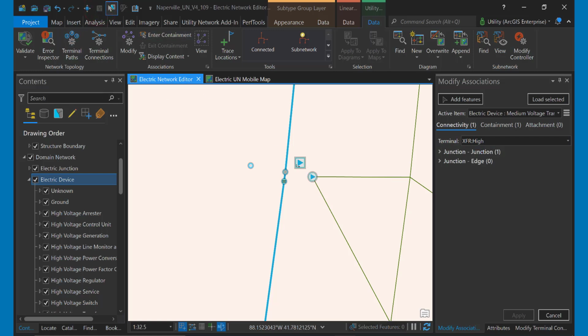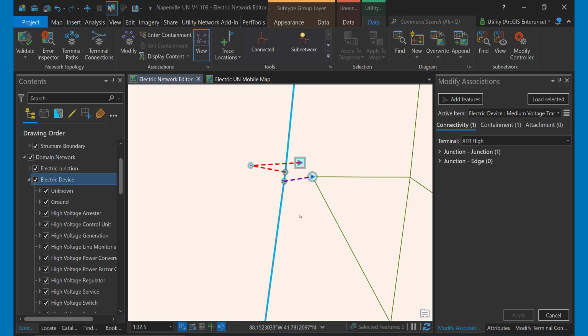So here we have a transformer bank, a transformer, line end, connection point, a pole, and some low voltage conductors. Now we can turn on the associations view to see how these are all connected, right? So though these devices are separated spatially, they're really connected in the back end with the utility network association.